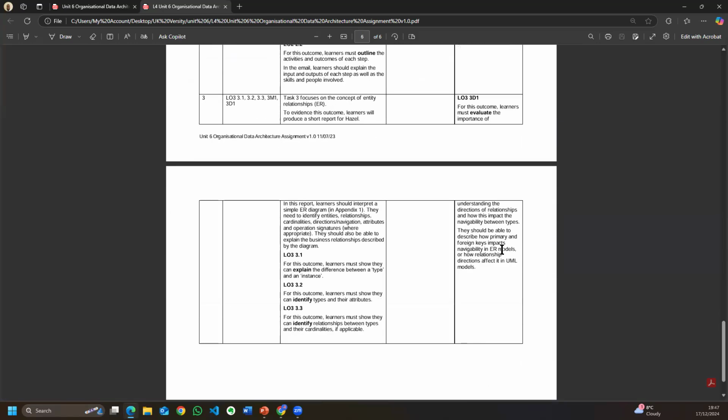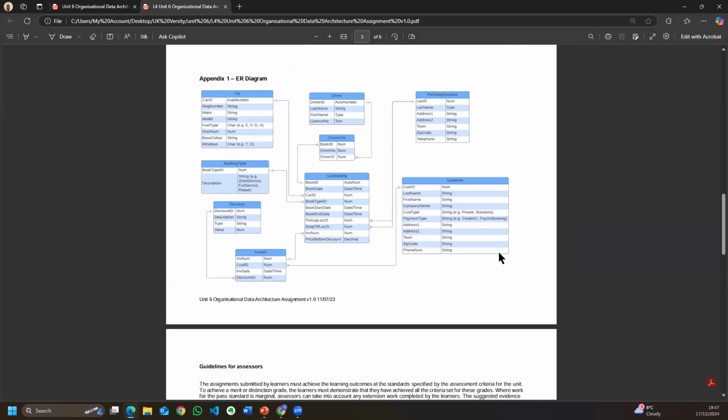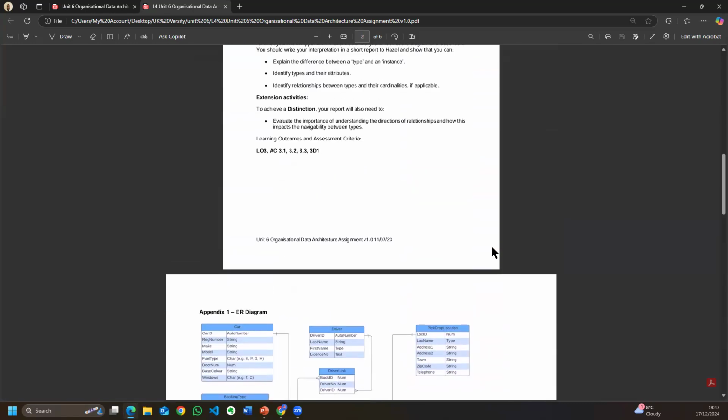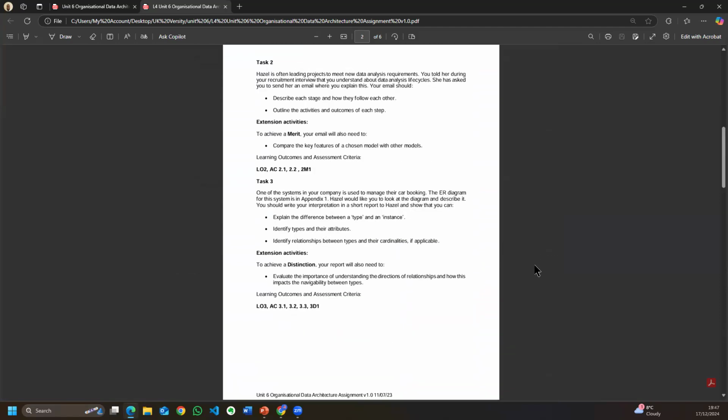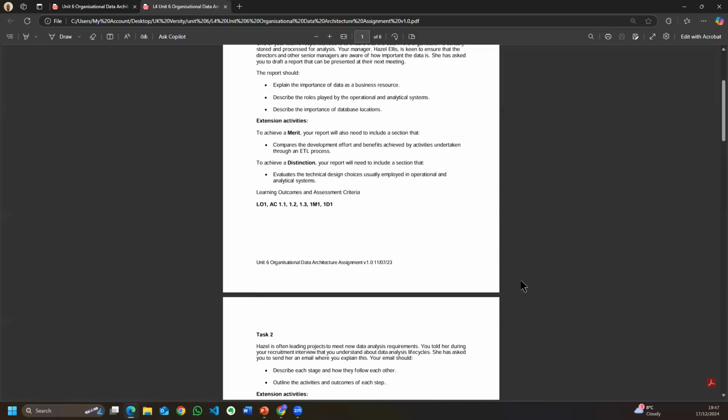Okay, so I think we've covered pretty much what we need to know regarding the assignment. The report can be in a Word document. If you require a PowerPoint presentation, you can do so.